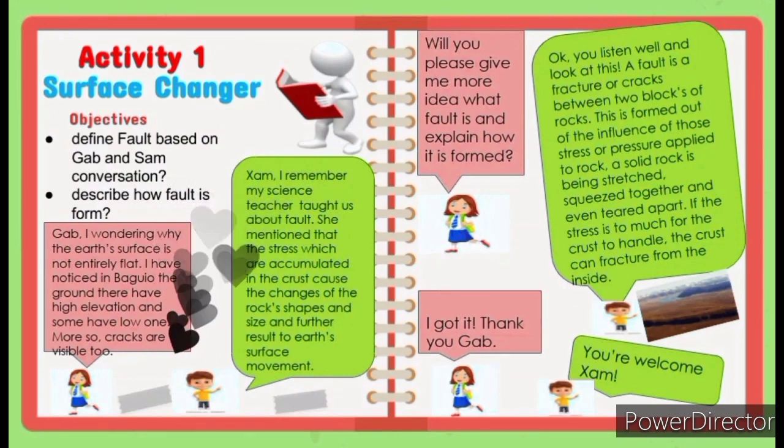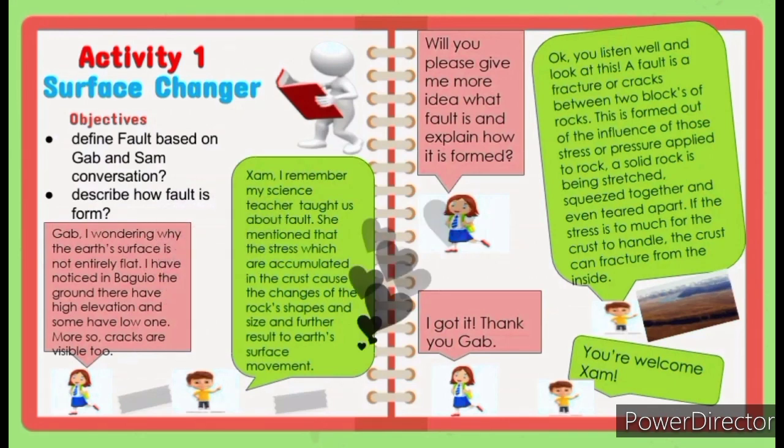I have noticed in Baguio, some ground has high elevation and some low. More so, cracks are visible too. According to Gab, Sam, I remember my science teacher taught us about fault. She mentioned that the stress accumulated in the crust causes changes in rock shapes and sizes and further results in Earth's surface movement.